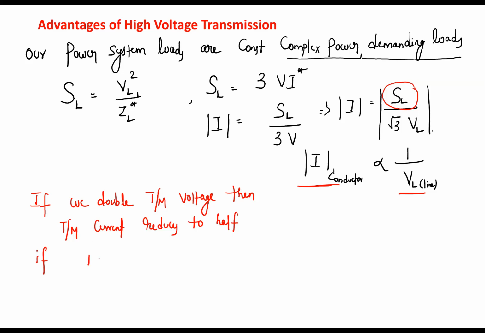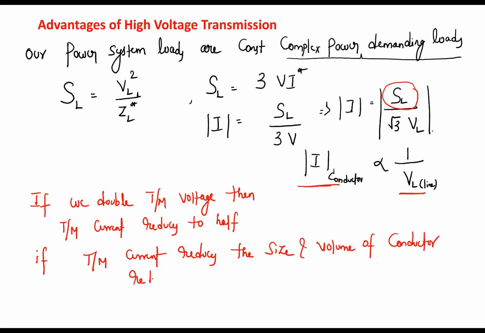If transmission current reduces, the size and volume of conductor reduces. This is the first advantage. You should not blindly say it will reduce; how many times it will reduce, we have quantified it.